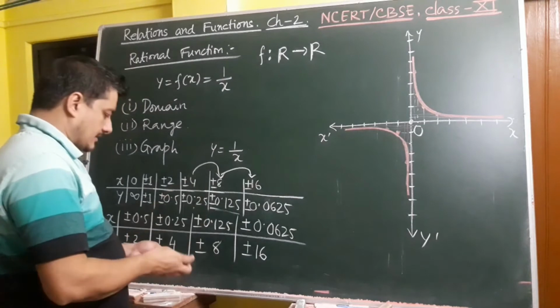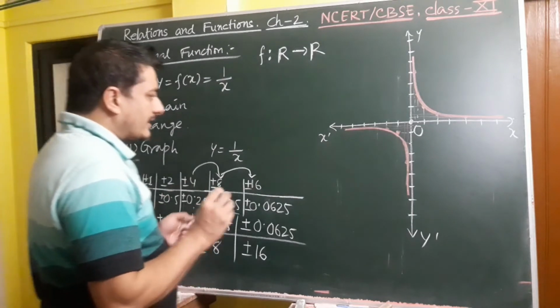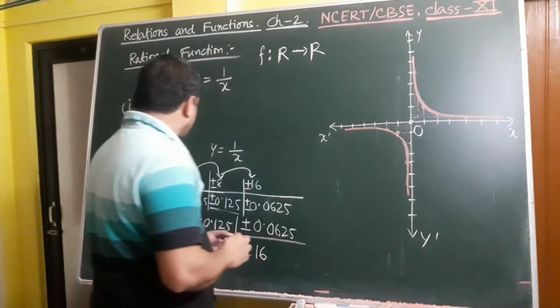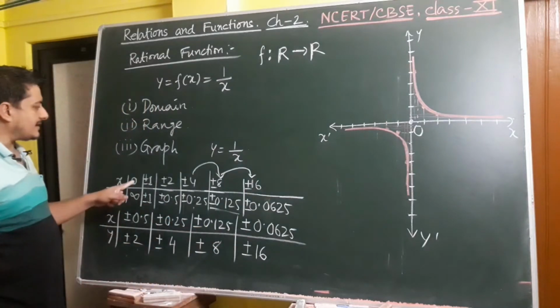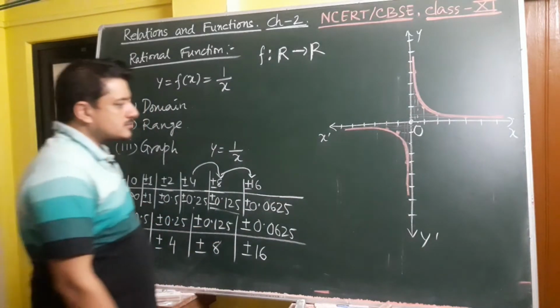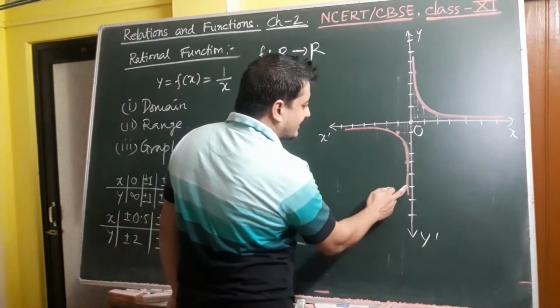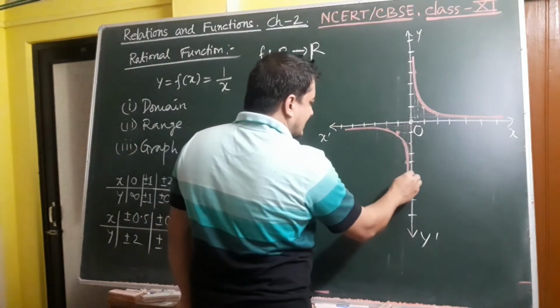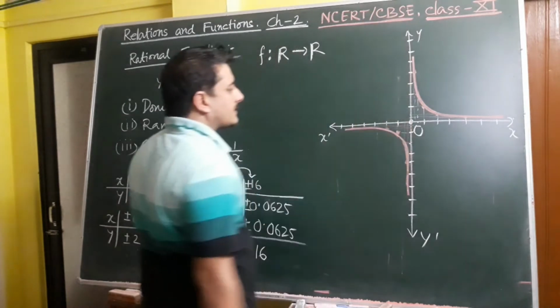Now what you have to understand is that the value of x will never be 0. So that means this curve will never touch this y-axis, neither here nor here.